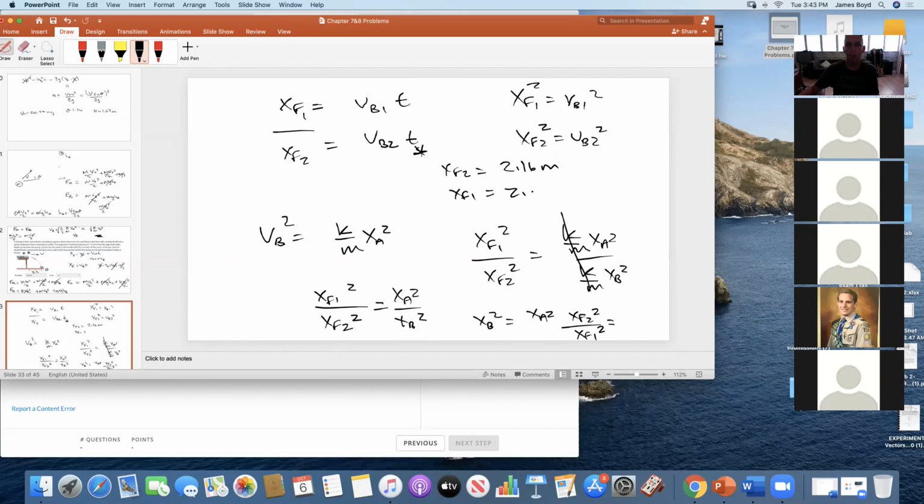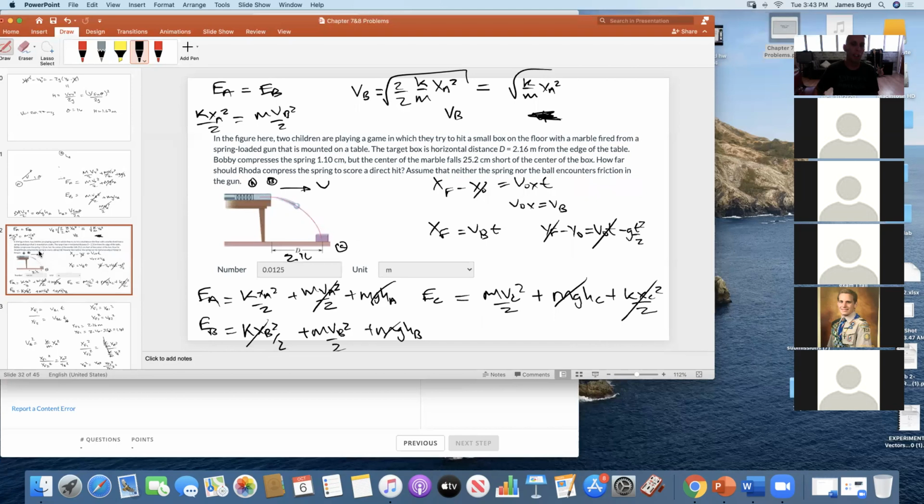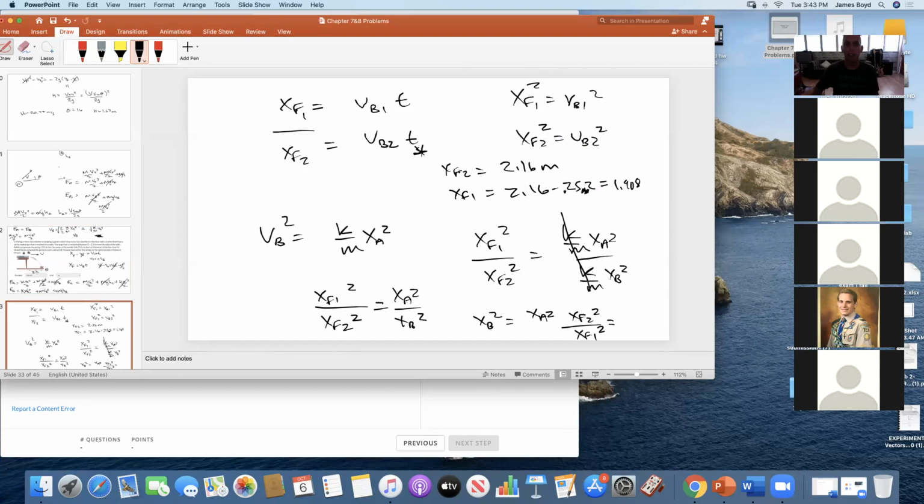So 2.16 minus 25.2, I'm sorry, 0.252, is 1.908. And xA was 1.1 centimeters. They wanted it in meters, so xA was 0.011.